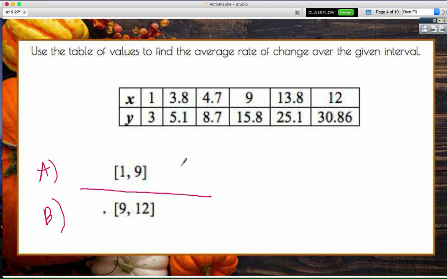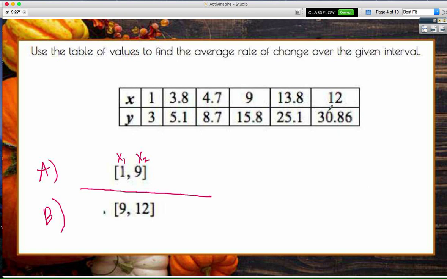No, so this is not an ordered pair. Those are the x values that they want us to find the rate of change between. So 1 is really our x1, and 9 is really our x2. That's just interval notation for the domain of the interval they want us to find the rate of change between.